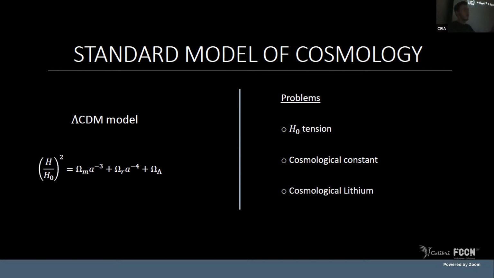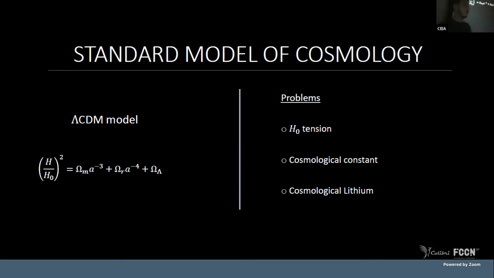You use some methods to calculate its value, and they do not agree. They are incompatible. There are several ways of trying to explain it or go about solving the problem, and one of them is to explore other models other than lambda CDM. So that's the main thing about the H0 tension.